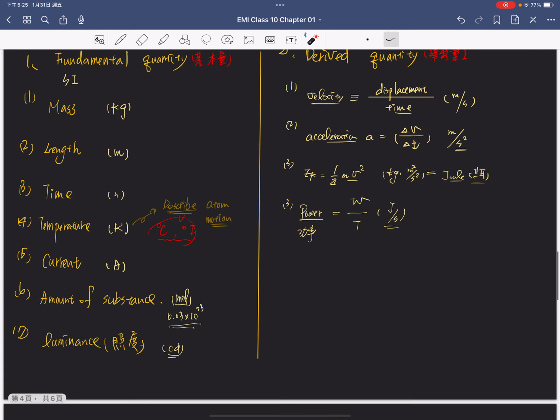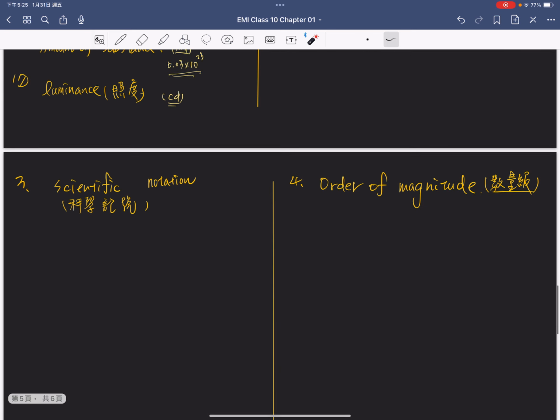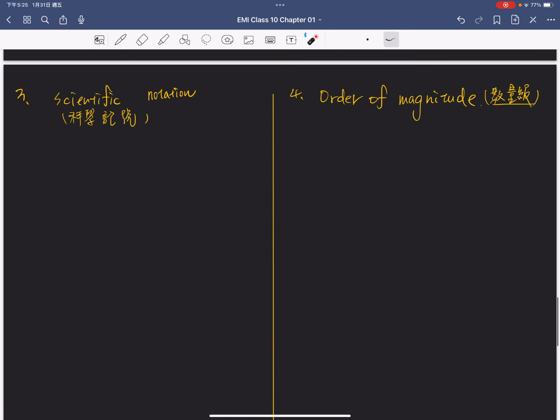Okay, when you finish the physical quantities, I want to introduce the scientific notation.